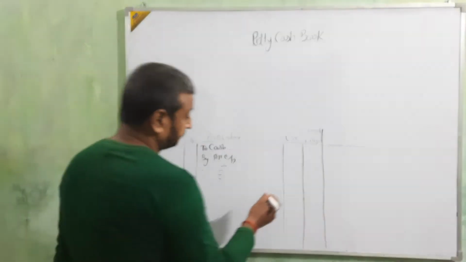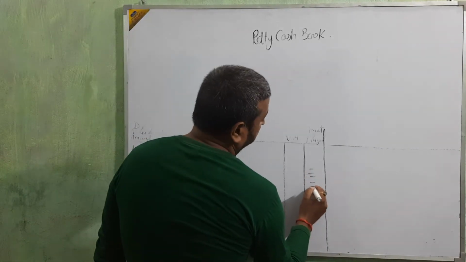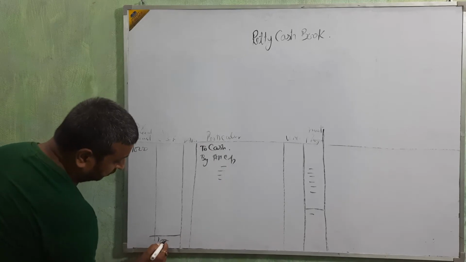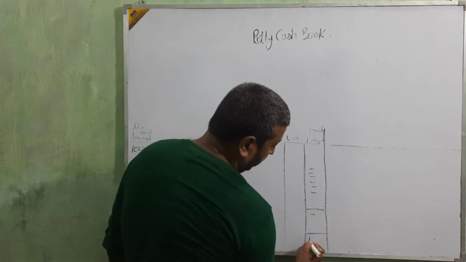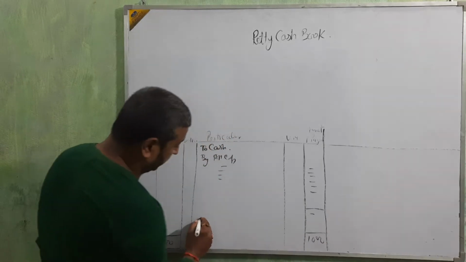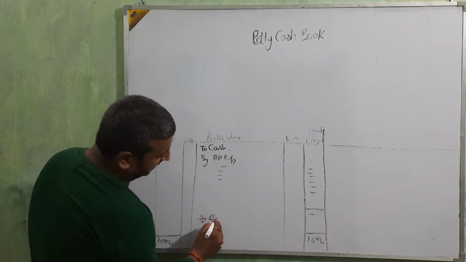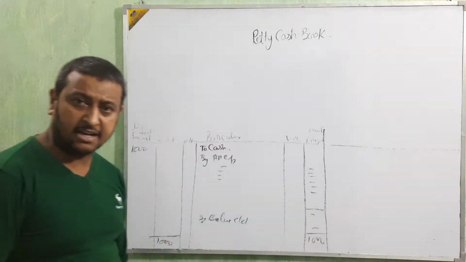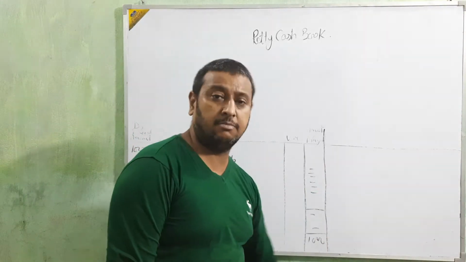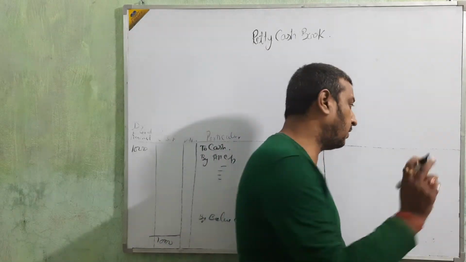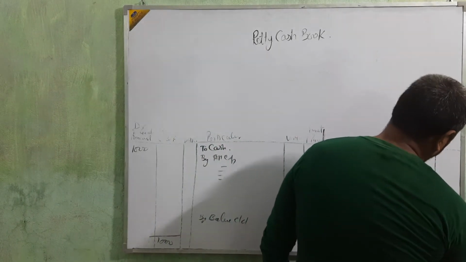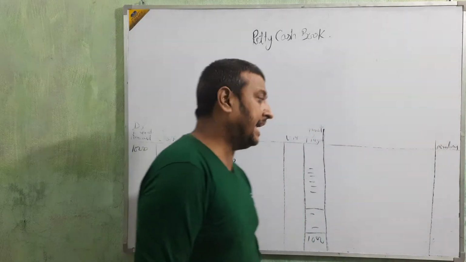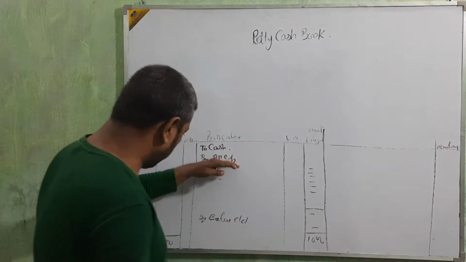Then the total amount of this comes on this side, total here 1000, and then the remaining amount is the balance c/d here only. Okay, beta? And for all these we are going to make 3 or 4 columns. One is set for miscellaneous.